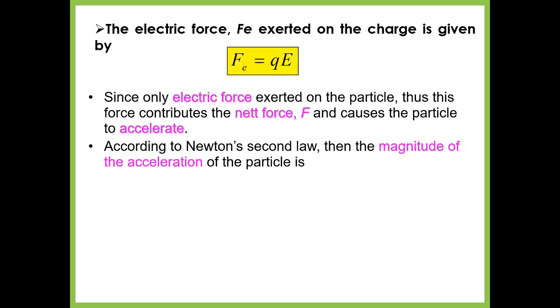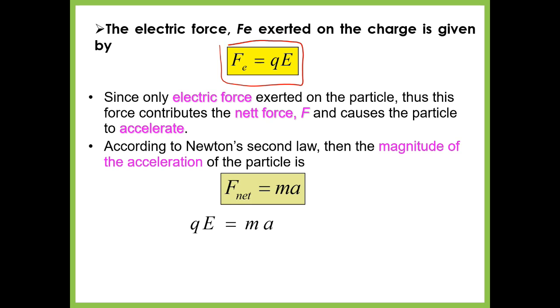So based on the motion previously explained, the motion of the charge is because of the attraction in the electric field, so it possesses an electrostatic force that is equal to QE. And because of the motion, the electrostatic force is equal to ma.